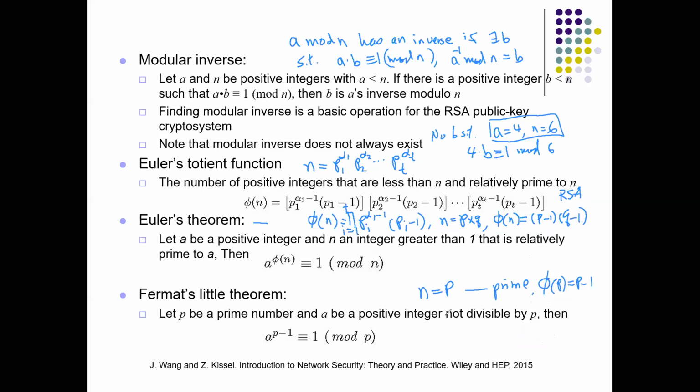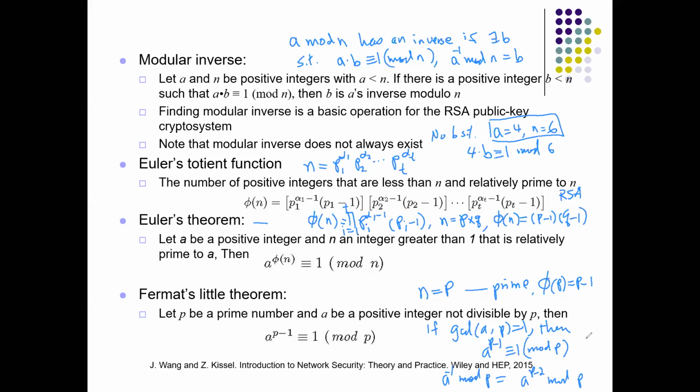That means if GCD(a, p) is 1, then we know a to the p minus 1 is congruent to 1 mod p, and this is called Fermat's little theorem. So in this case, we know a inverse mod p is equal to a to the p minus 2 mod p.